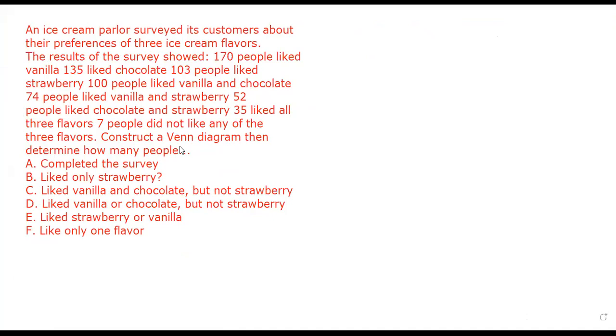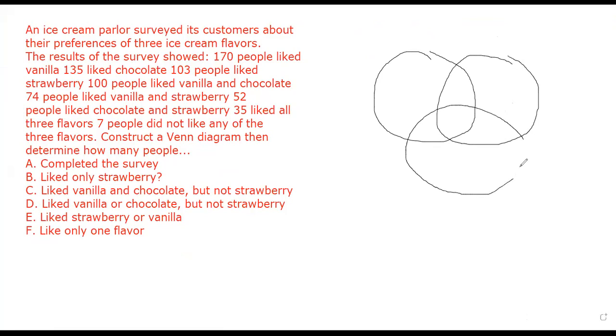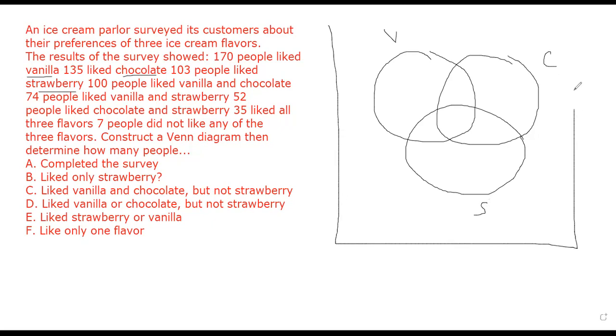Vanilla, which we denote as V. What else do we have? Chocolate and strawberry. Chocolate we can call C, and strawberry we can call S. So for this to be complete, we are drawing this Venn diagram.